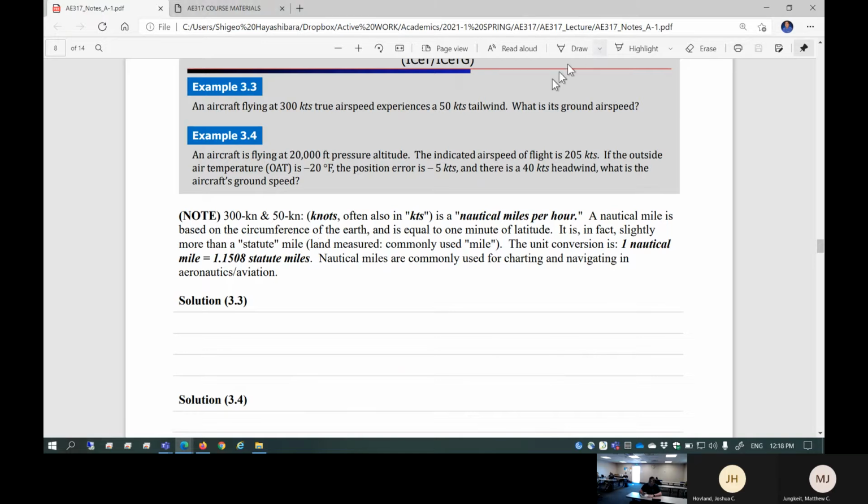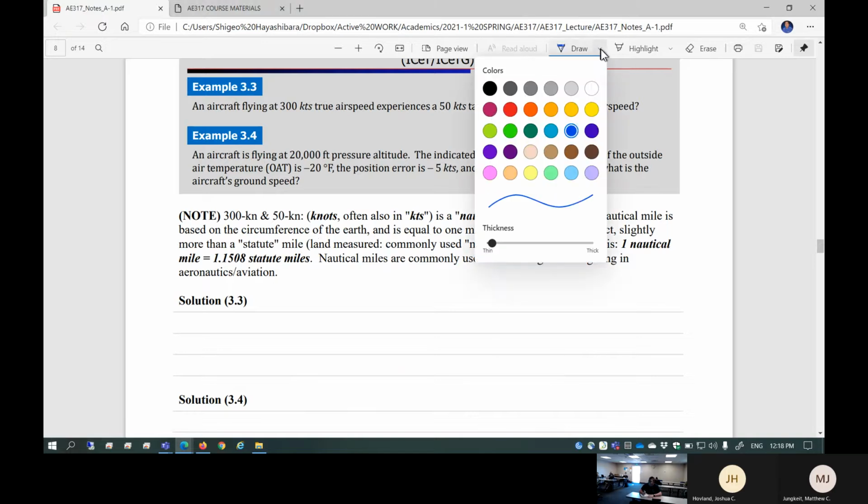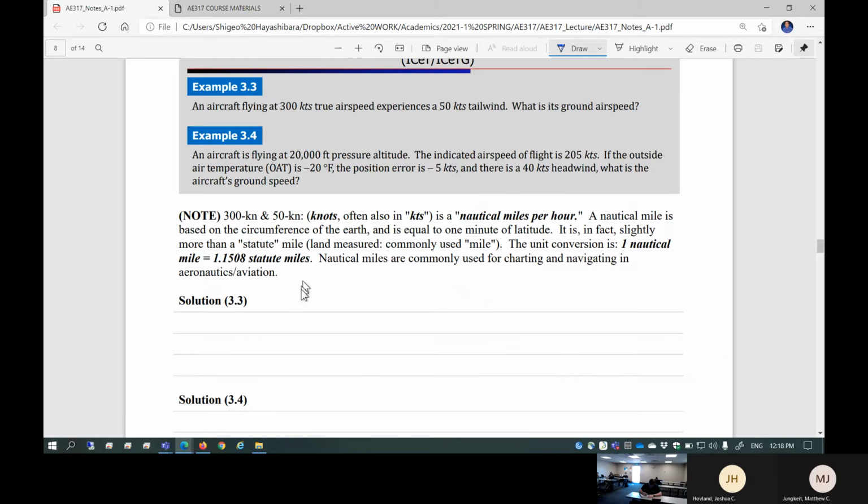This is almost like an instant answer. What is it? Let's pick up an equation. Ground airspeed V_g is equal to true airspeed V infinity plus V wind, crosswind.